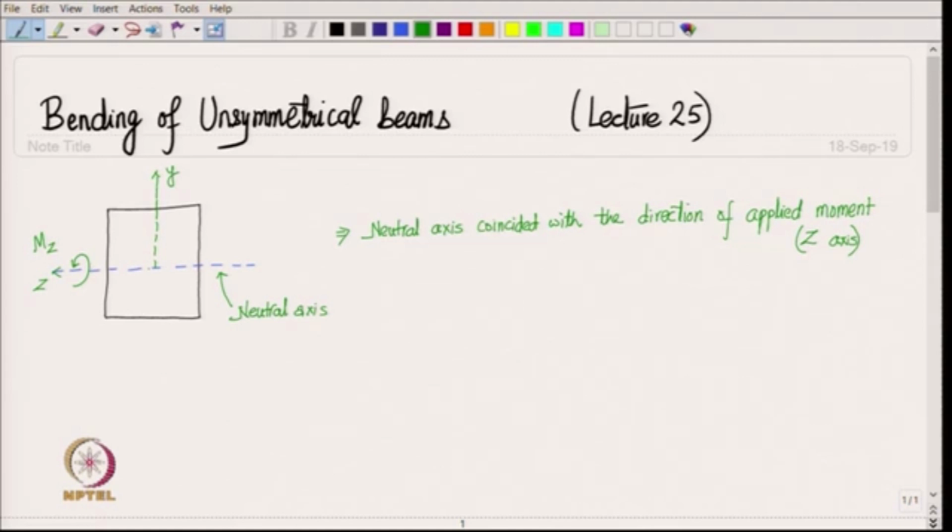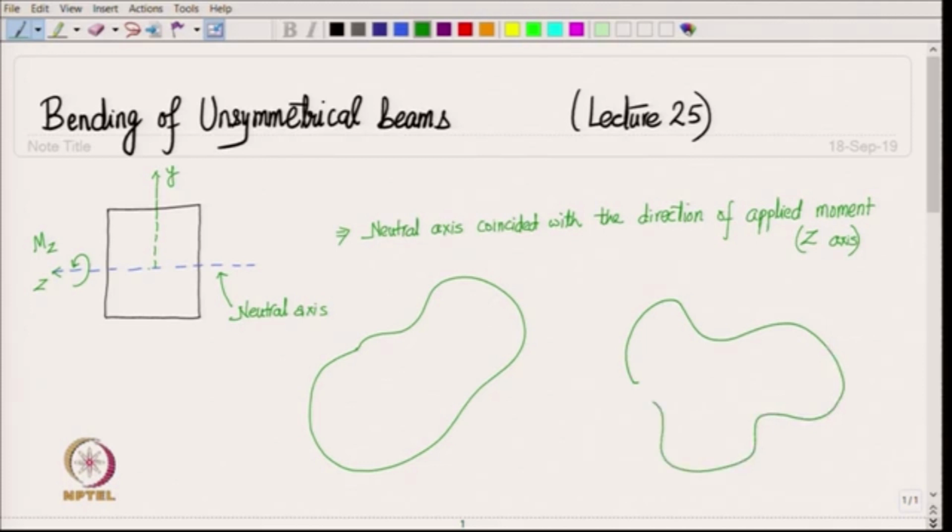If you have a cross section which is not symmetrical, for example, a cross section like this, you see it is not symmetrical, or you could have a cross section like this. It is just a cross section of the beam and the beam goes into the paper, right.